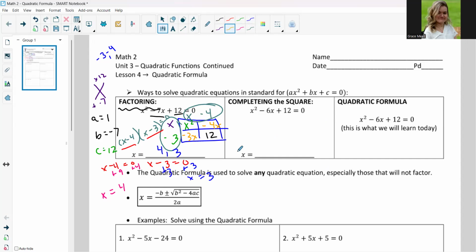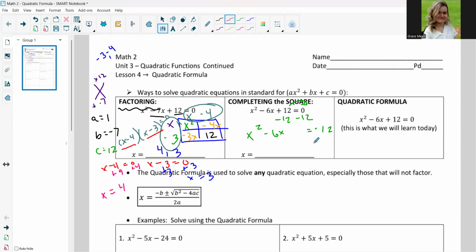Now, when it comes to completing the square, the first step is to move the constant term over to the other side. So moving this 12 over here, I would do the opposite of adding, which is subtracting, and get x squared, and I'm going to leave a little space after the 6x, equals -12.